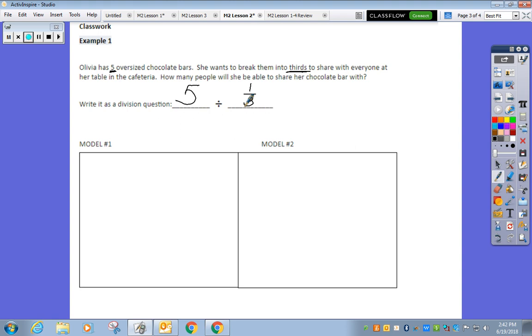So the first way we reworded it was how many groups of this are in this. So in this case, we would be writing how many, and I'm just going to take out the word groups, so how many 1/3 are in 5. You can say how many groups of 1/3 as well, but I just say how many 1/3 are in 5.